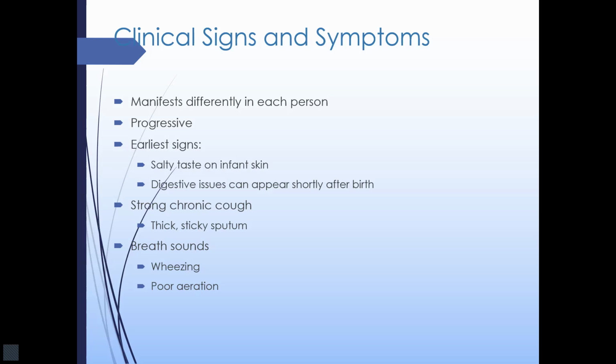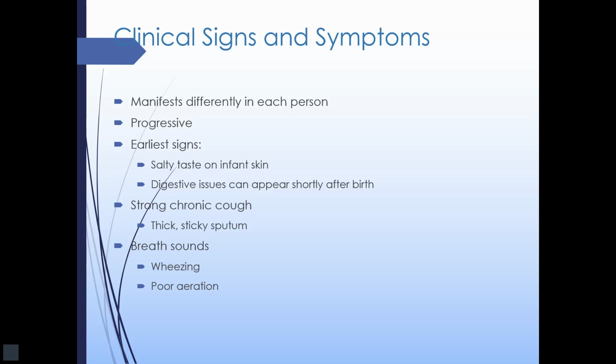What that meant is, because the chloride channels do not regulate the movement of water, sodium and chloride in and out of the cells the way they should, the skin is dehydrated and there's more salt on the skin.